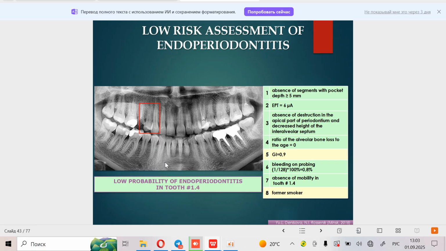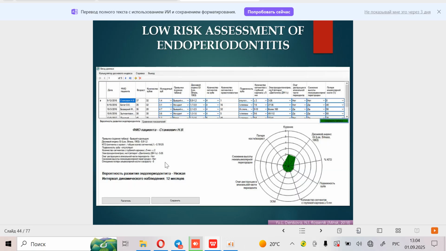All prognostic criteria are low, excluding 2 criteria, the gingival index GI 0.9, inflammation of the gums, and the presence of tobacco smoking habits, which are in the medium probability category.